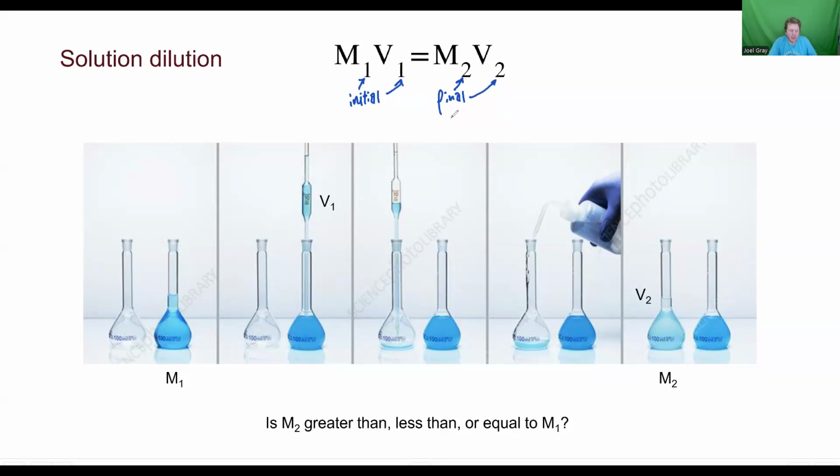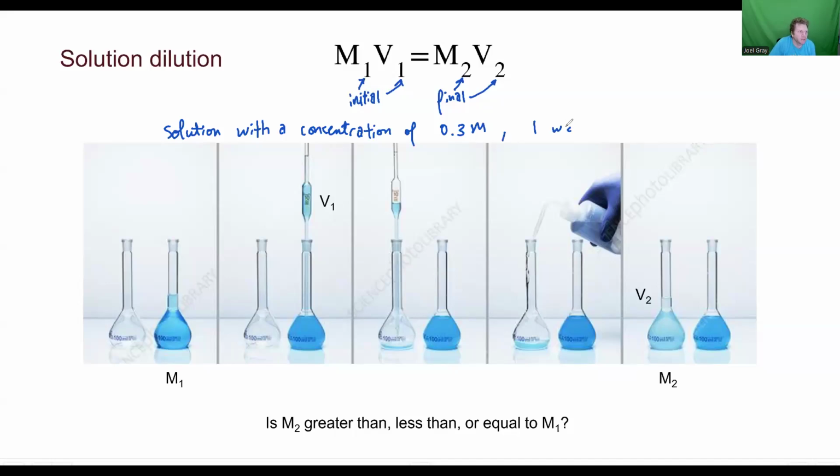So in this case, what you would see is something like, I have a solution with a concentration of 0.3 molar.